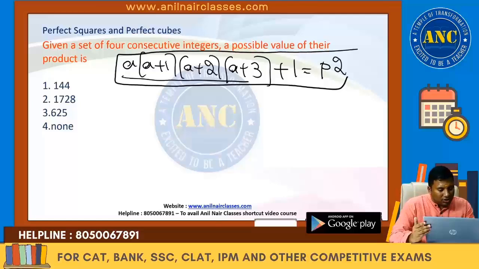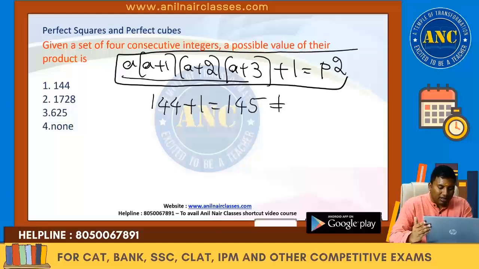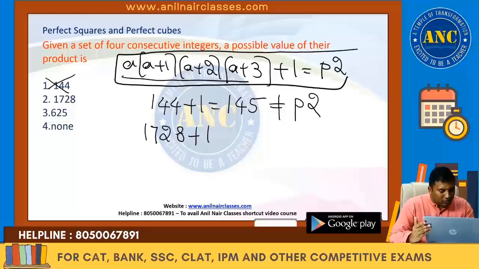If I add 1, I should get a perfect square. 144 plus 1 is 145. 145 is not a perfect square. First option is ruled out. 1728 plus 1 is 1729. 1729 is not a perfect square.